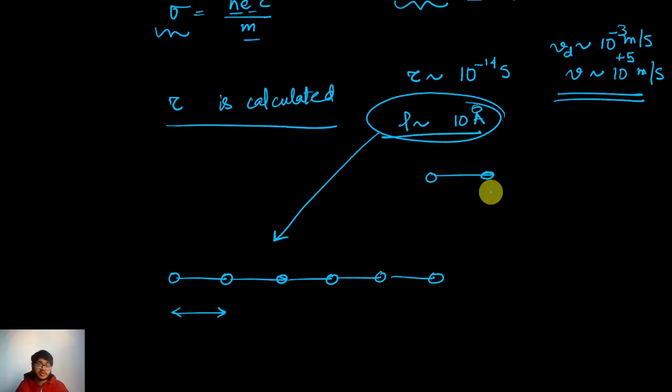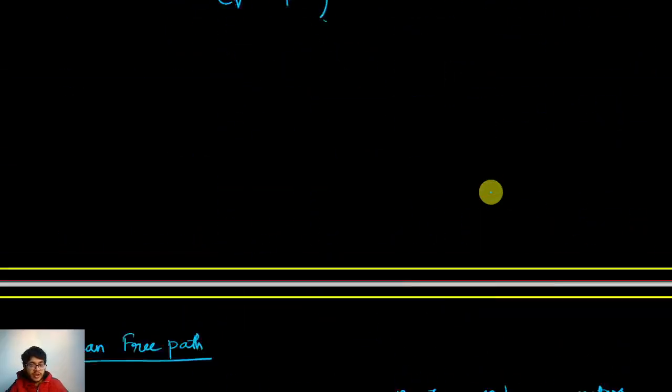In certain materials, at low temperatures, the mean free path can be of the order of millimeters, and that's very large compared to 10 angstroms. So that is one drawback.